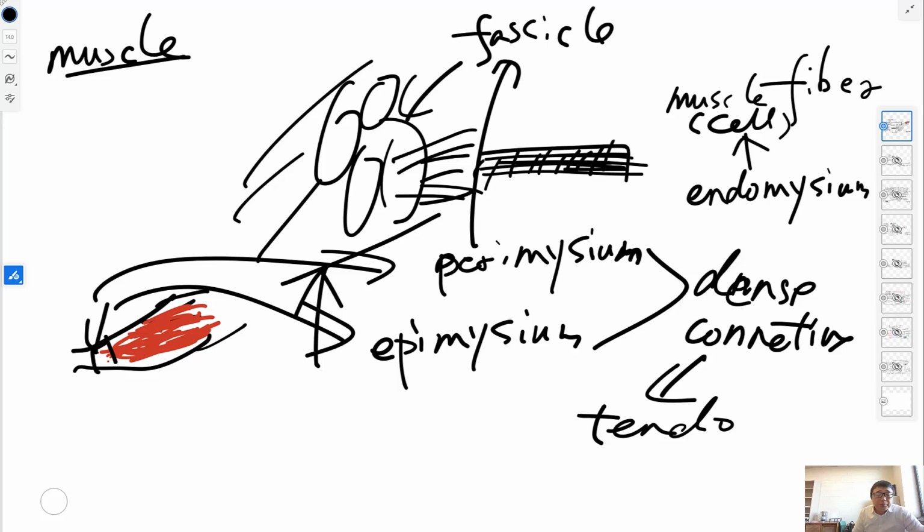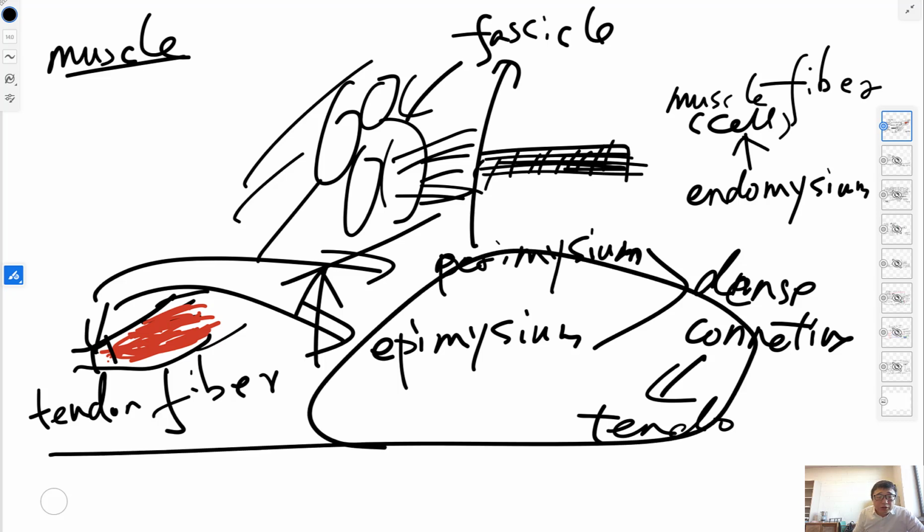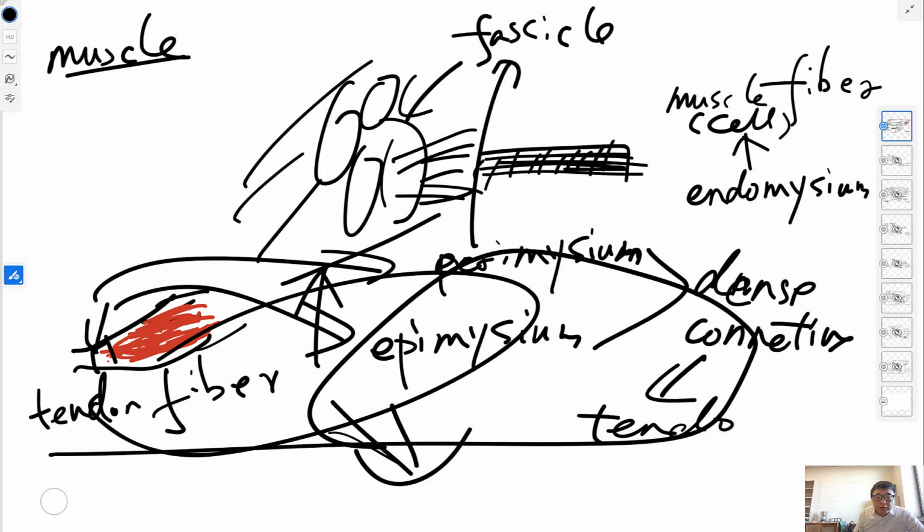When they join together, they continue into the tendon fiber. They blend into the tendon fiber because all of those are dense regular or dense irregular. The difference is whether they are aligned. So that's how muscle and tendon join together.